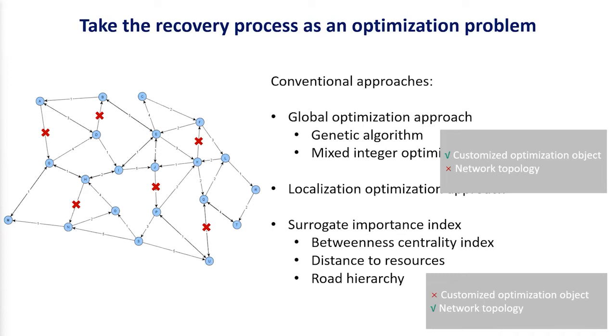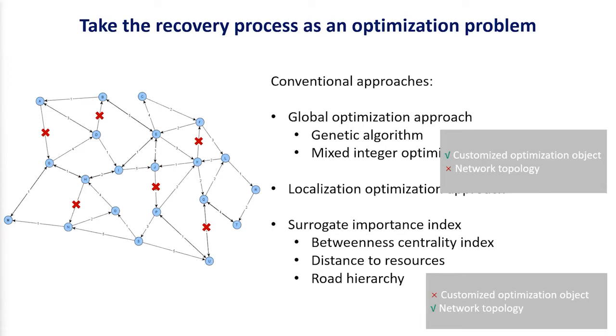However, these types of optimization algorithms find it really hard to consider the network topology. For the surrogate importance index, most of these methods are based on the network topology. However, it's really difficult to consider multiple factors in our optimization process.